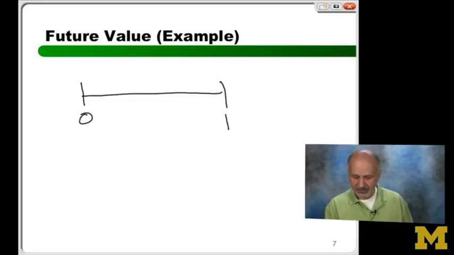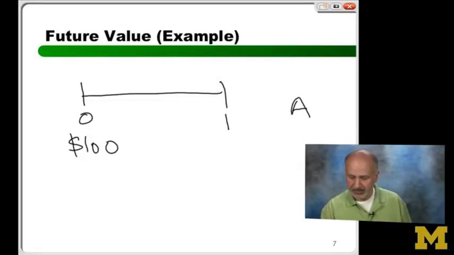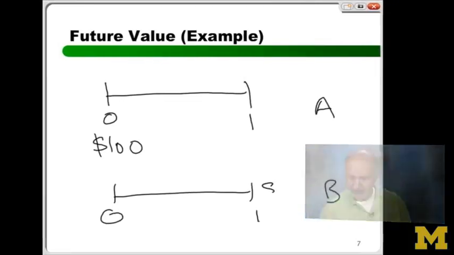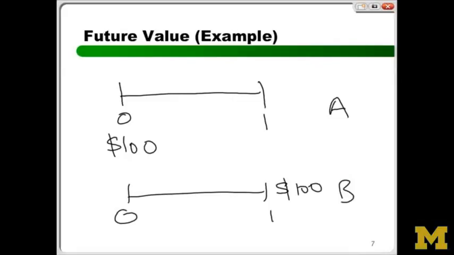A was $100 now. This is A. And B was $100 in the future. A timeline is extremely important. I'm giving you two very simple choices to actually recognize.